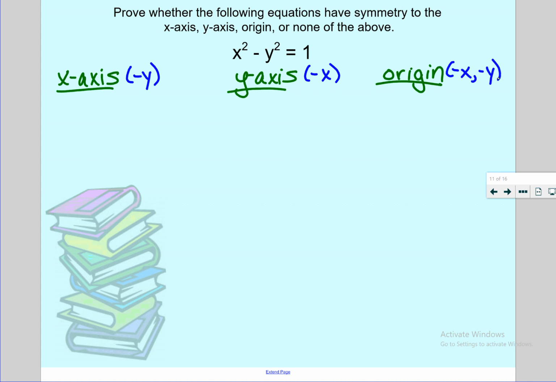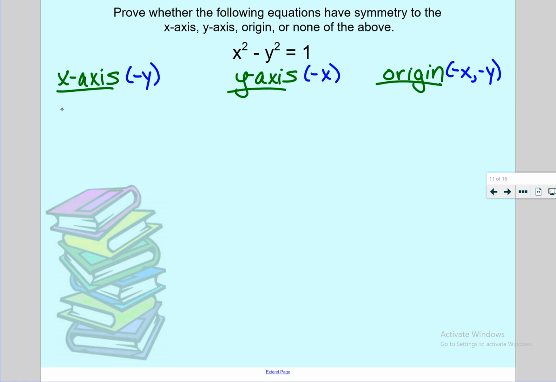If, when I plug those values in, I get my original function back out, that tells me that we have symmetry. If I get anything other than my original equation, we do not have symmetry. So that's what we're looking for. Let's start with the x-axis. Plugging in negative y, it goes in for my y's. My y's are replaced with negative y's.